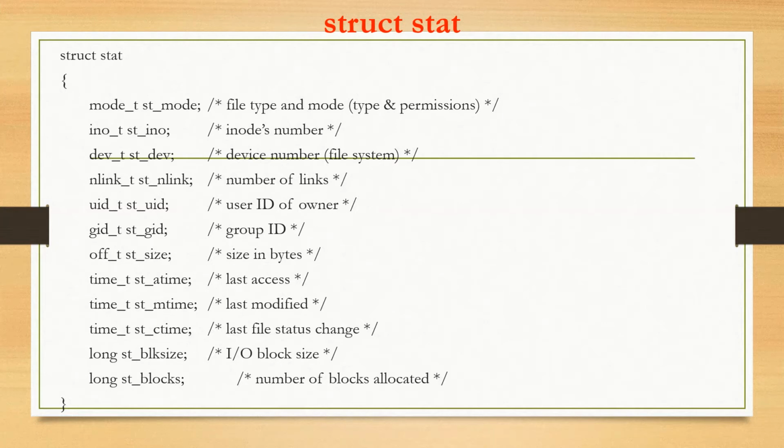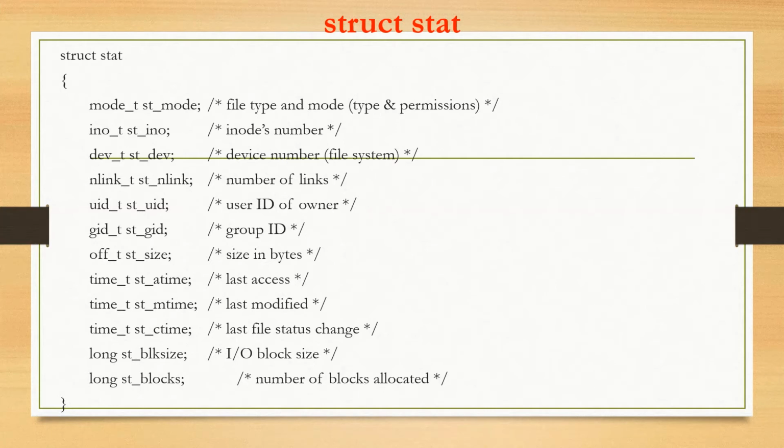Then how to set a hard link for a corresponding file. For that we use st_nlink as the variable. Next, the different types of IDs: user ID, group ID, and others should be identified. For that we use st_uid, which identifies the user ID, and st_gid, which refers to the group ID.